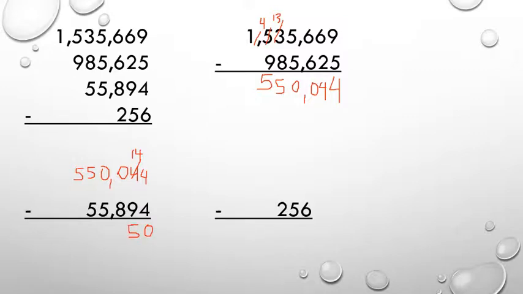Okay. This will become 9. Will become 9 because, wait, I'm confused. I think I made a mistake. Okay, so 14, 9, become 9, become 9 also.